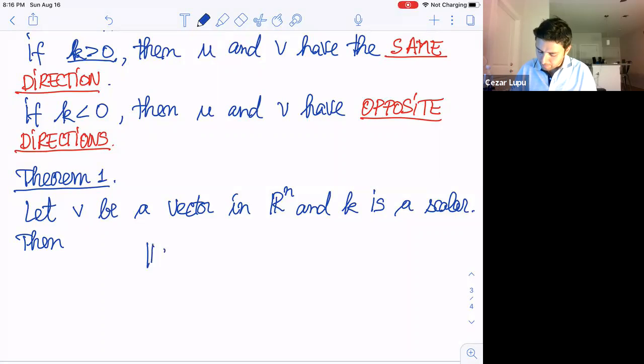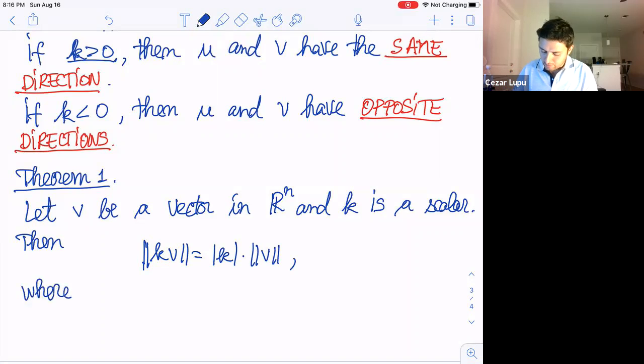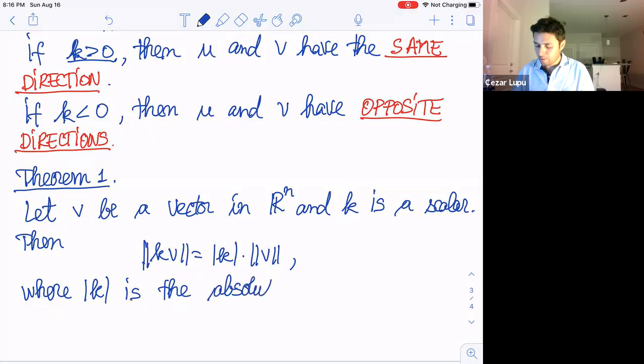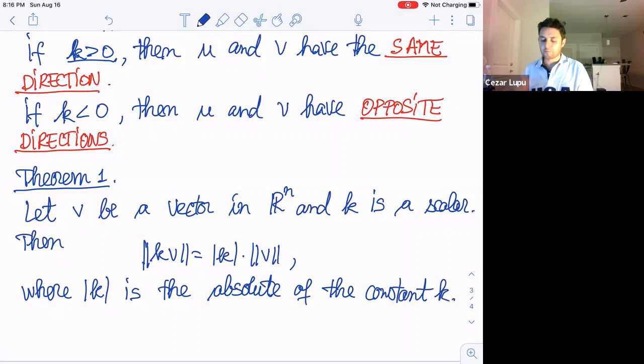The length of kv is nothing else than just the absolute value of k times the norm of v, where, just like I said, the absolute value is the absolute value of the constant k. Okay, so that's a theorem.